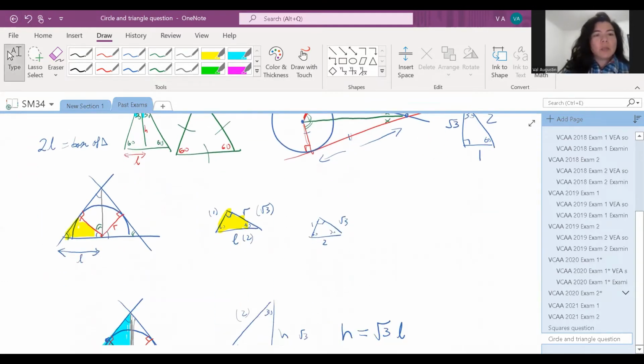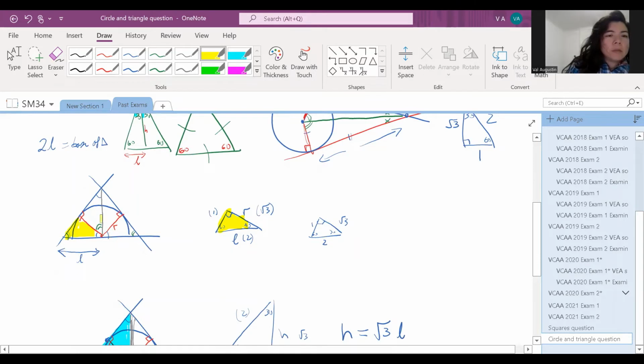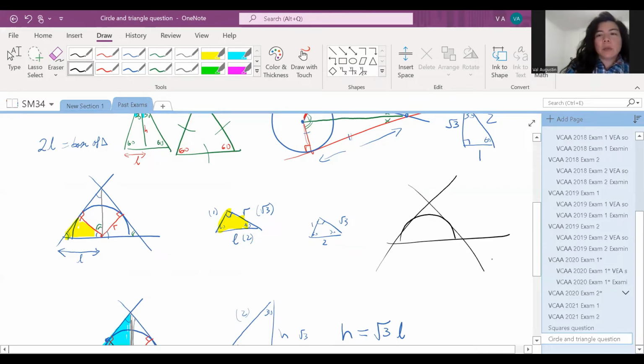So if we draw in our diagram, I'll just draw it in again. We start with the semicircle, and it's easier to do the semicircle first, and then we draw the base. And then we want the triangle sides to have a meeting point that's reasonably even, and we're going to make sure that sits right on the edge here.